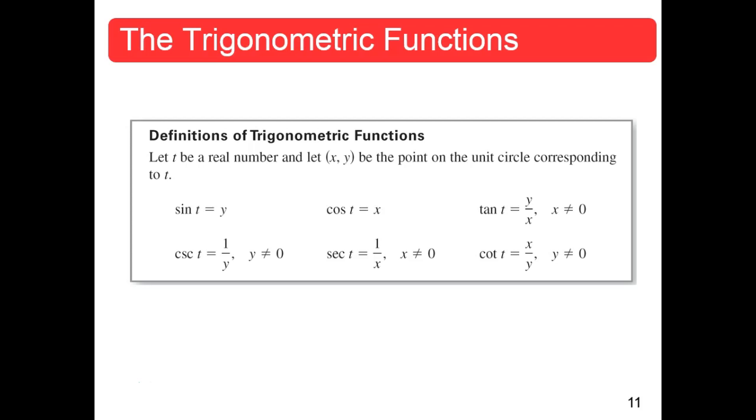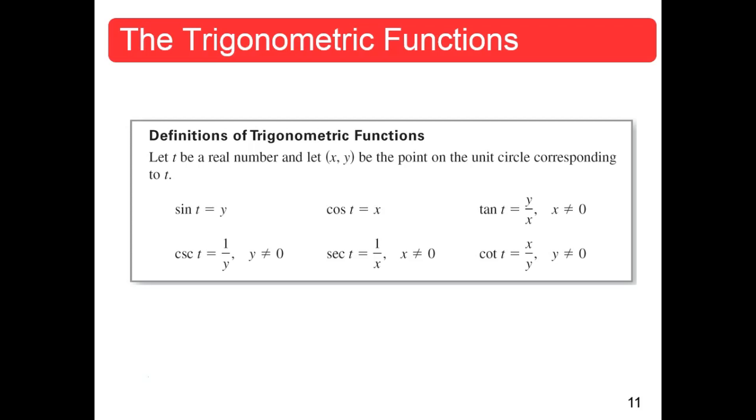Now, secant t is the reciprocal of cosine t. Just like cotangent is the reciprocal of tangent, secant is the reciprocal of cosine. 1 over x. But guess what? Again, those places where x equals 0, your half pies, secant is not defined. Same places tangent is not defined, because you divided by x in both places. And then cosecant is 1 over sine.